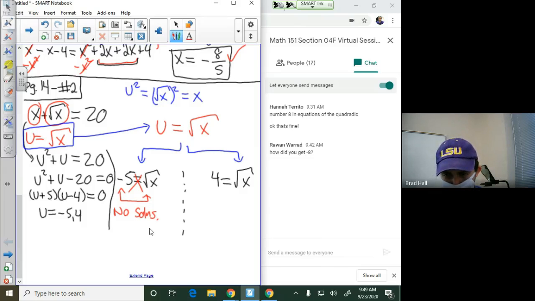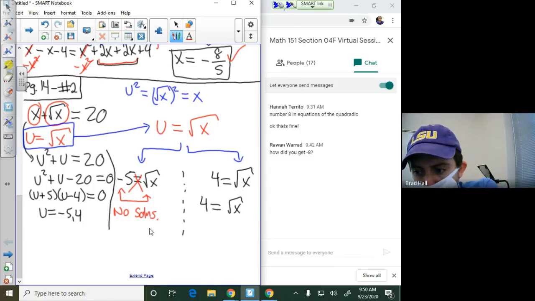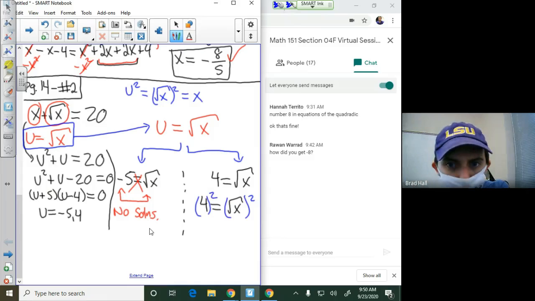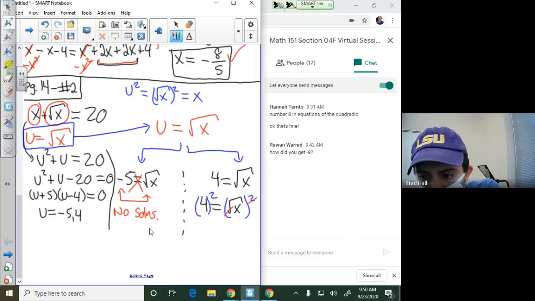On the other side, well, 4 is positive, so this is okay. So we can go ahead and square both sides to get rid of that square root. So now we get x is equal to, well, 4 squared is just 16.